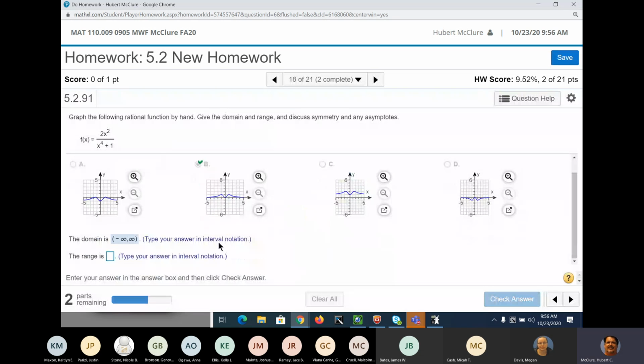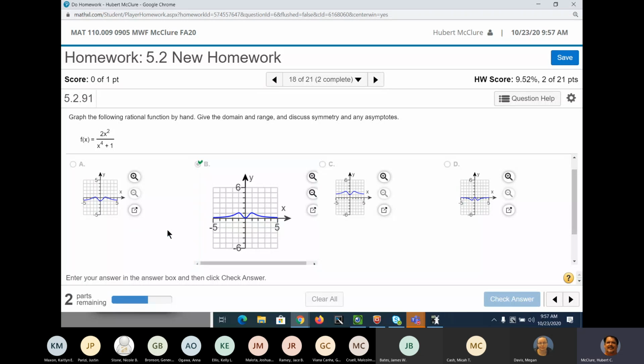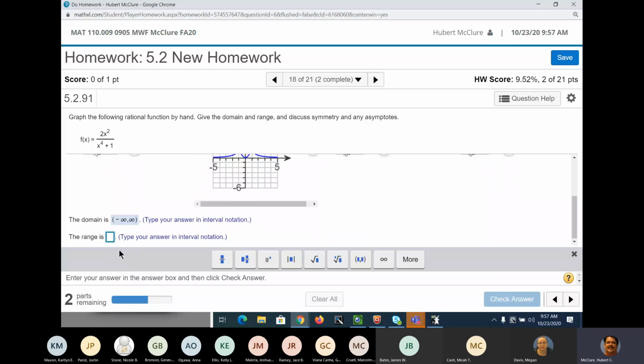The range is from 0 to the highest point here, and you'd have to pull that up. Looks like 1. I can't see. Hold on. Yeah, from 0 to 1. So I don't think it touches 0.